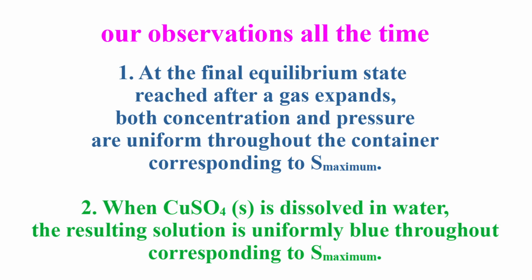Also, when we prepare a colored solution such as blue copper 2 sulfate solution or yellow potassium chromate solution, the color is uniform throughout the solution at the equilibrium state. Both of these are simply due to the uniform spatial distribution of the gaseous particles or the solute particles.